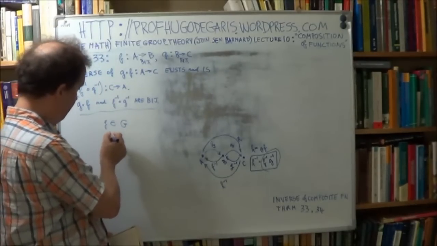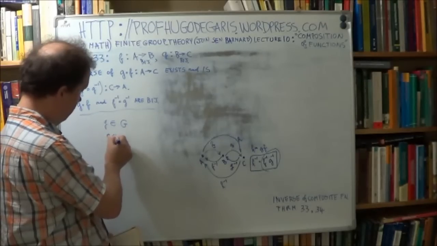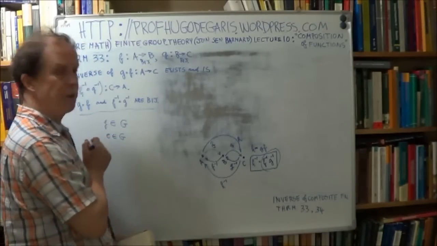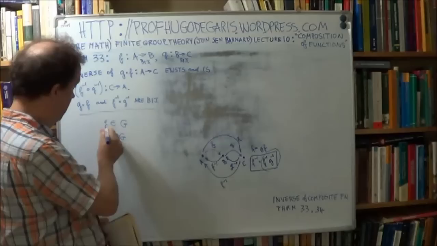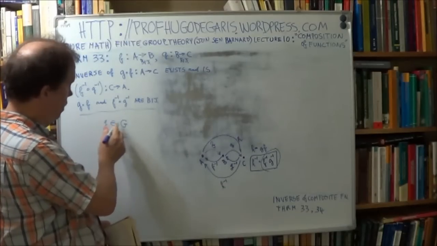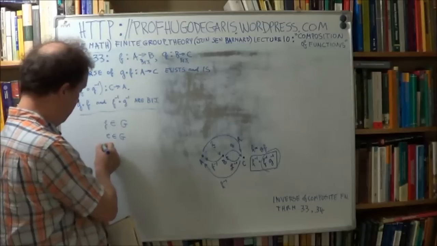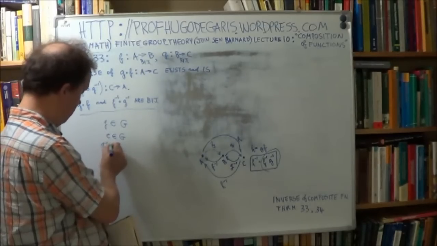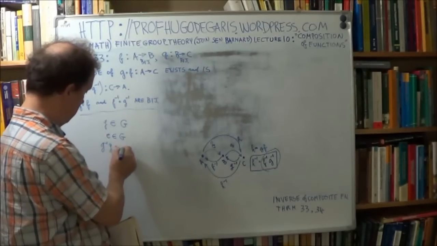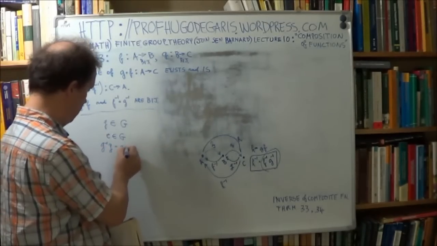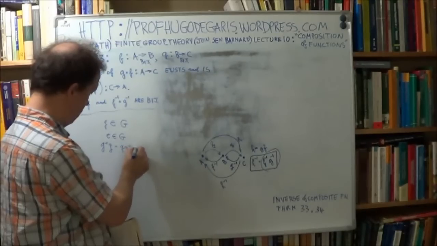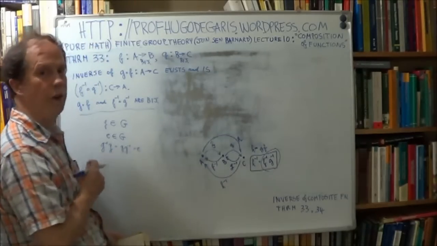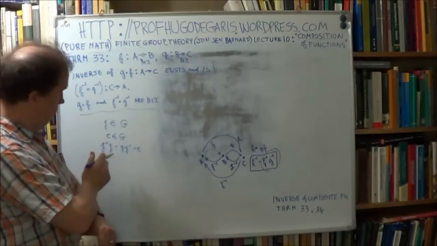So now the unit element belongs to the group. It's the definition of group, must have a unit. Now for every element g in the group, there's an inverse. So g inverse of g equals g of g inverse equals e, right? That's the definition of an inverse element.